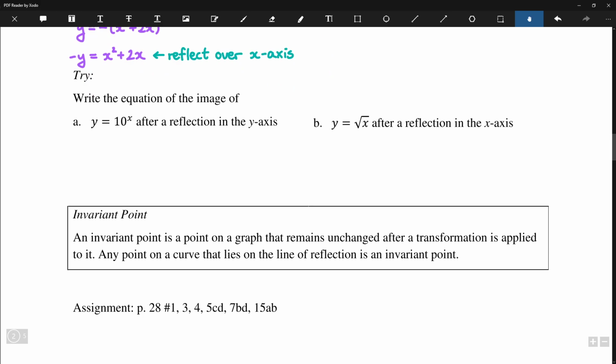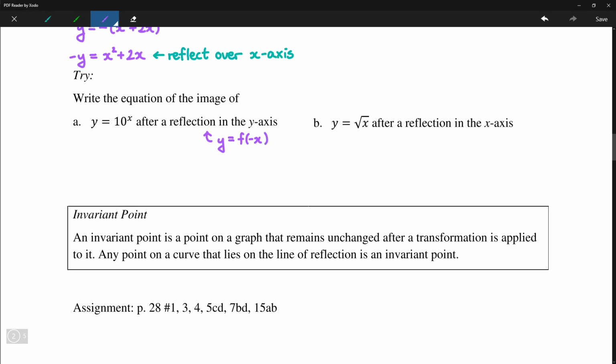So next up, very similar example as to example number 2. It says here, write the equation of the image of y equals 10 to the x power after reflection in the y-axis. So the easiest way to think about this is if it is a reflection in the y-axis, then we have y equals f of negative x.